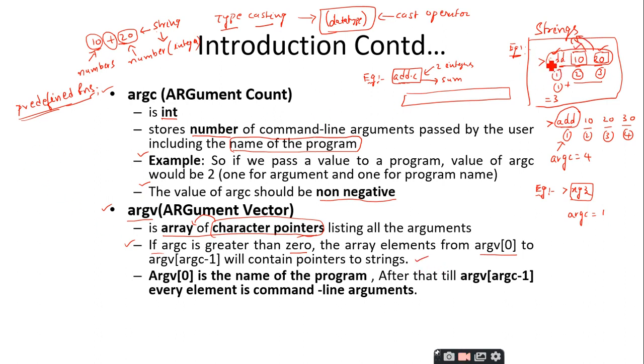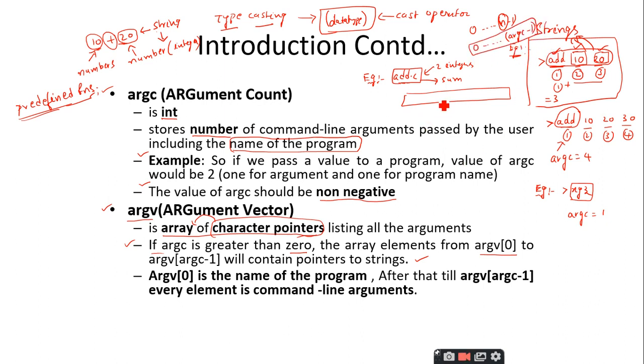I told that whatever you give on the command line will be treated as strings and everything will be stored inside the argument vector. When I say a vector, it is an array. When I say an array, it consists of index numbers starting from 0 to n minus 1. This we know very well. But here n is nothing but the argument count. Therefore, the index number always starts with 0 and ends with argument count minus 1.